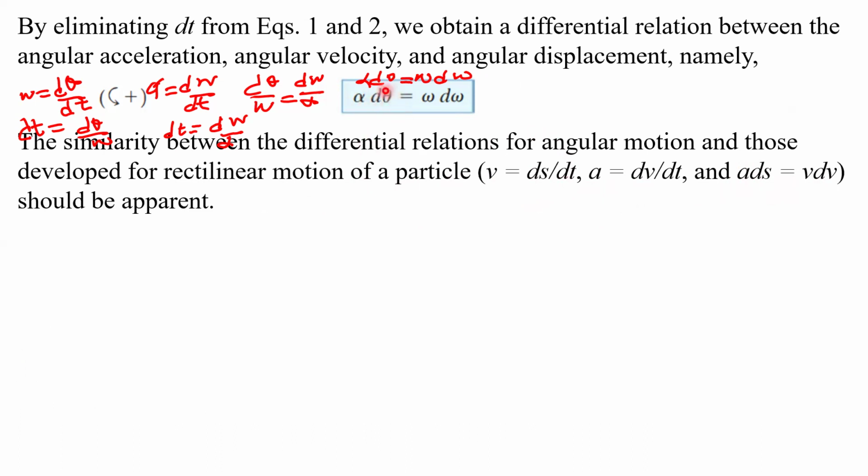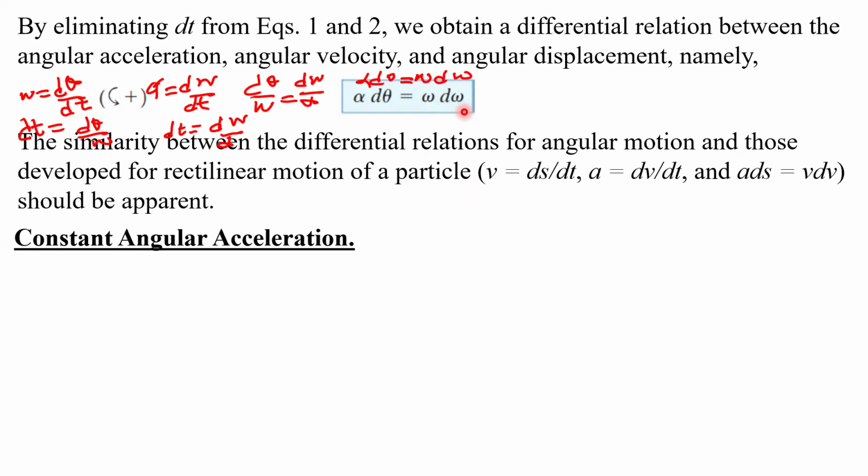Theta is angular displacement, s is linear displacement, v is linear velocity, while omega is angular velocity. So a ds is equal to v dv is for rectilinear motion, while alpha dθ is equal to omega dω is for angular motion.